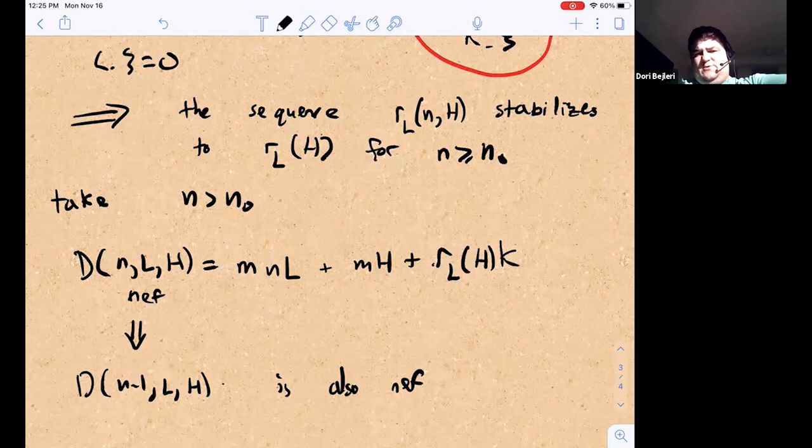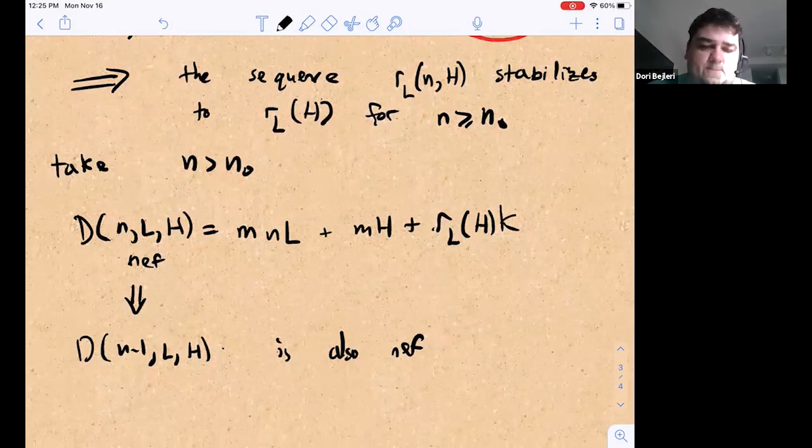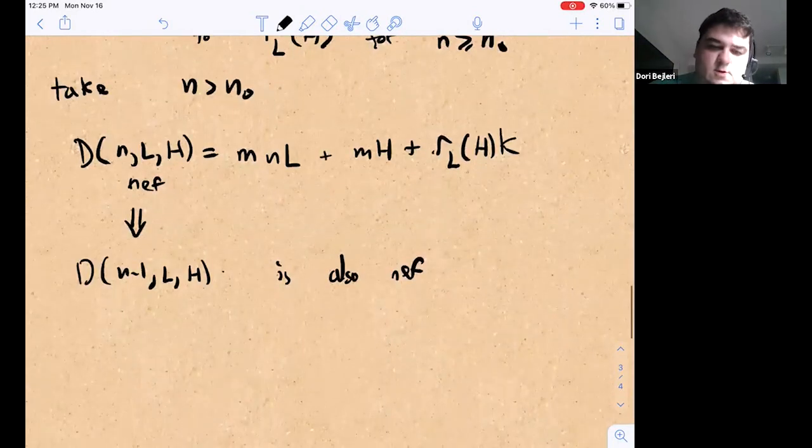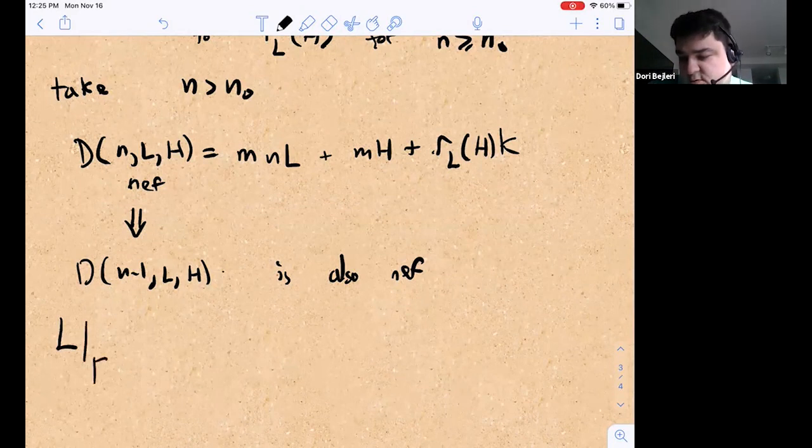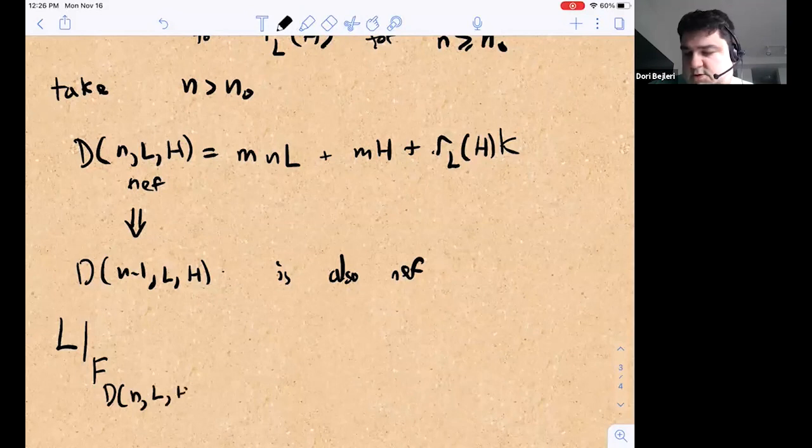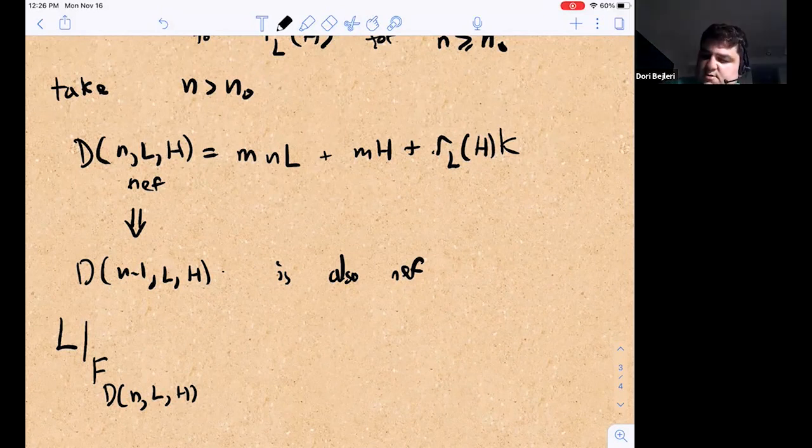But because of the stabilization, we reach a point where we don't need those L's anymore to have this nef property. So once we're above this threshold, we know that D_n(L, H) being nef implies that D_{n-1}(L, H) is nef because this R is the same. And so if we look at L restricted to the face where D_n(L, H) is 0, so this is the face cut out by this D, then this is also 0.